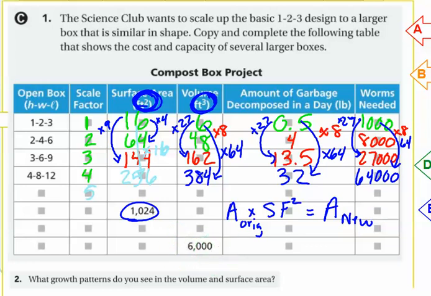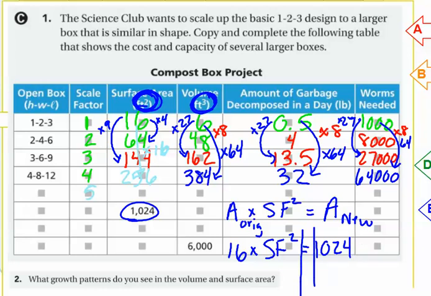And so I'm going to put some numbers into this value here to help me figure that out. So I'm going to take the area of my original, which is 16. So 16 multiplied by that scale factor squared, as we're trying to find, is equal to the area of my new 1,024. This is where I got to pull some train tracks.